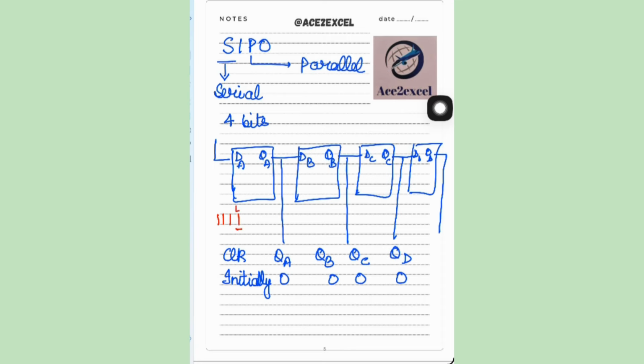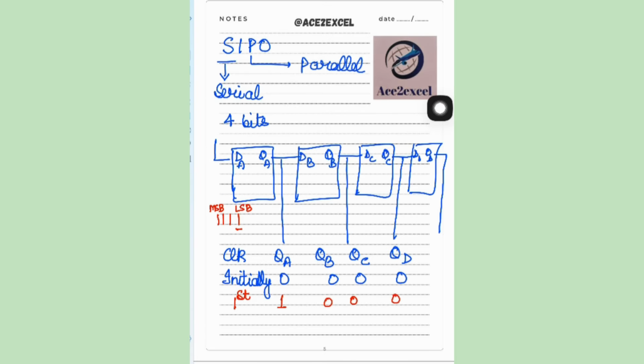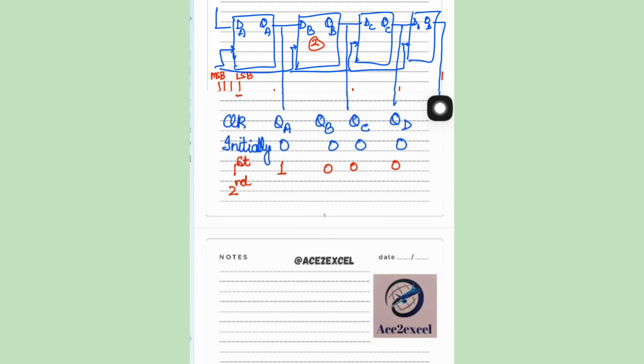This is LSB and MSB. Now at the first clock pulse, LSB enters in DA and QA becomes 1, rest all are zeros. At the second clock pulse, the second one enters and the first one becomes input to the second flip-flop, and hence QB's output becomes high and rest all are 0.